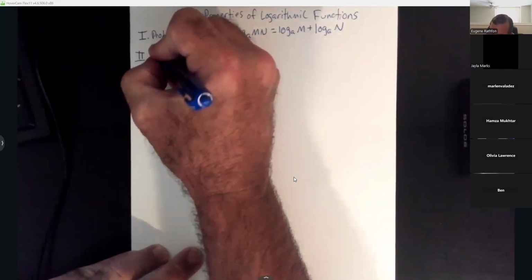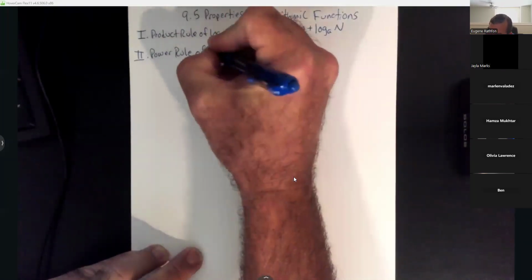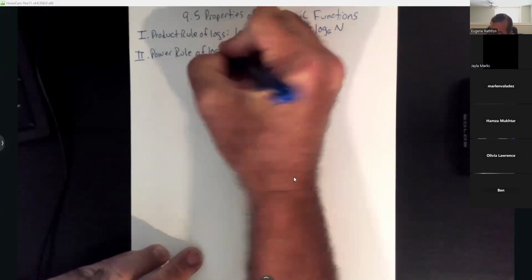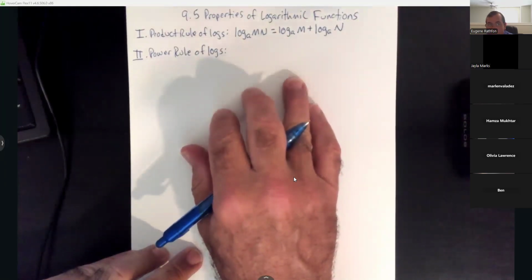The second property is the power rule of logs. And this is a big one that helps us solve equations tomorrow.